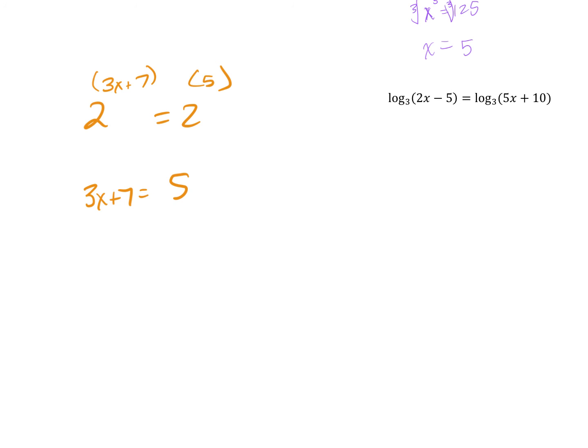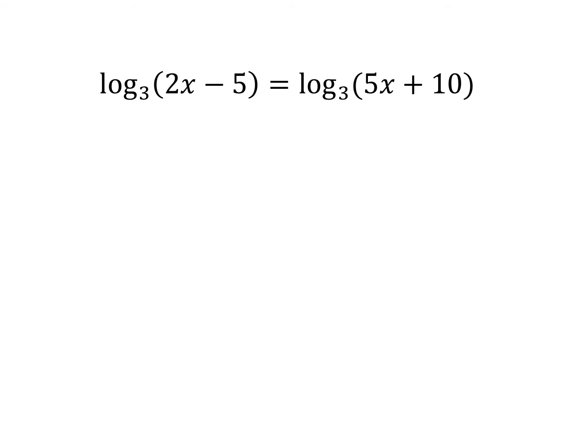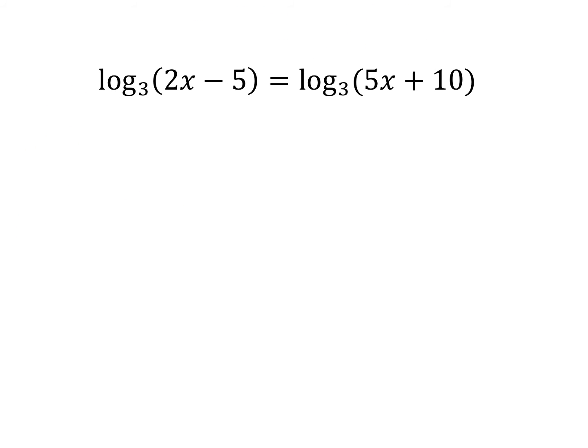This isn't saying 2 times 3x plus 7, it's saying 2 to that power. In the same way, this is not saying log base 3 times 2x minus 5. So I don't want to think about it as dividing. However, I am very comfortable saying that these two sides will only be equal when 2x minus 5 equals 5x plus 10. We're not dividing them away, but they do kind of counteract each other.